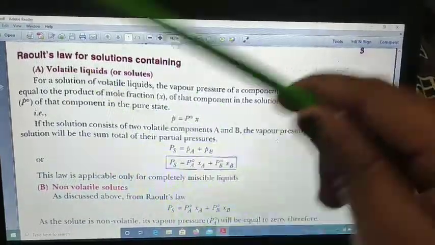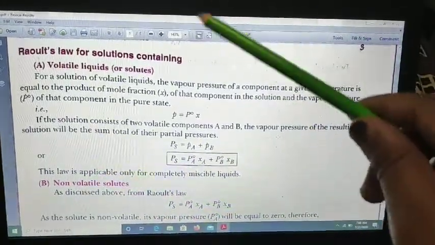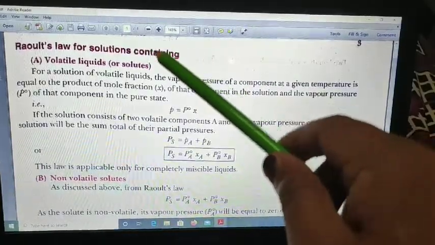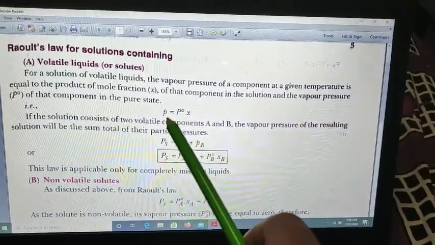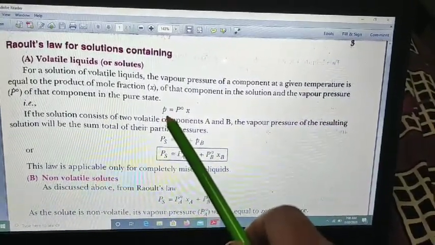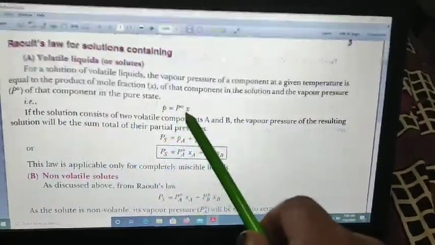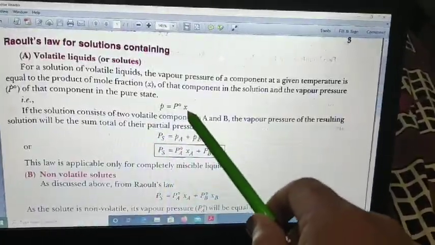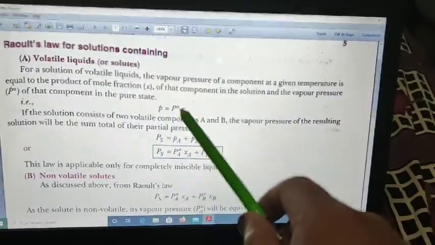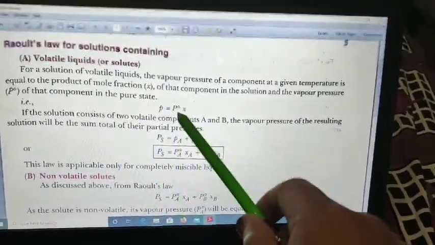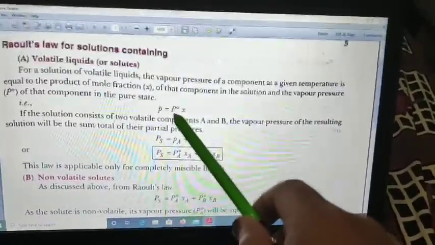P0 means the vapor pressure of the pure solvent and P is the vapor pressure of the solution. So Raoult's law states that the vapor pressure of the solution, denoted by P, is given by the product of the mole fraction of that component and the vapor pressure of the pure solvent.